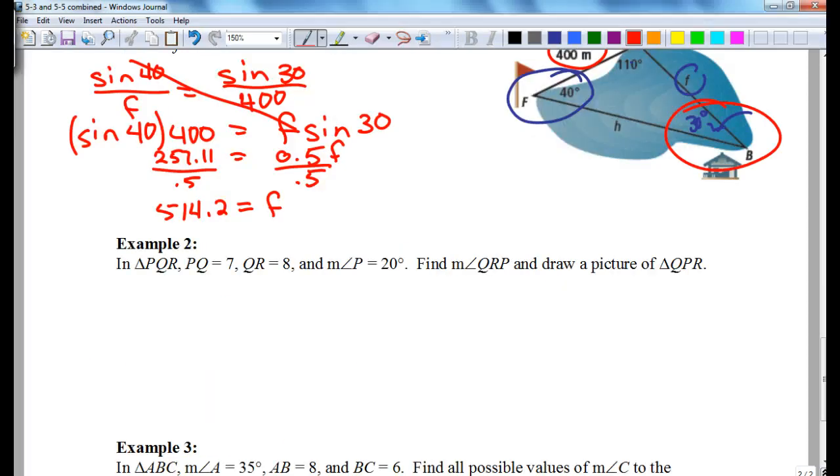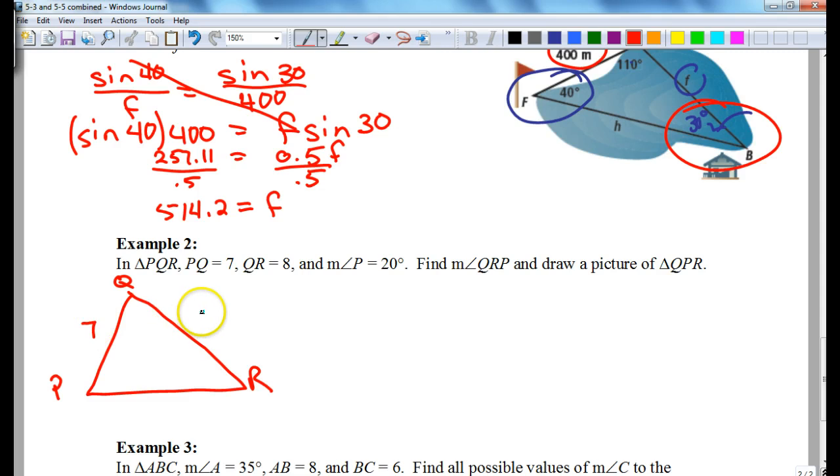All right, so on this one, we have a triangle called PQR. And the problem is they did not draw a picture of it for us, so we need to do it ourselves. Okay, so it doesn't need to be to scale. You can just draw a picture. I'm going to put it PQR. Okay, and it says length PQ is 7. So I'm going to put a 7 on that side.